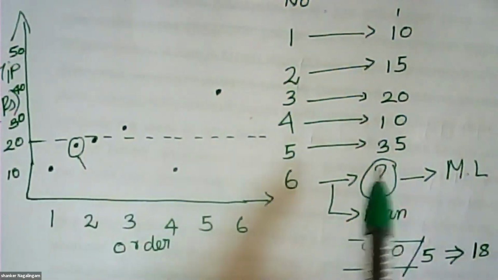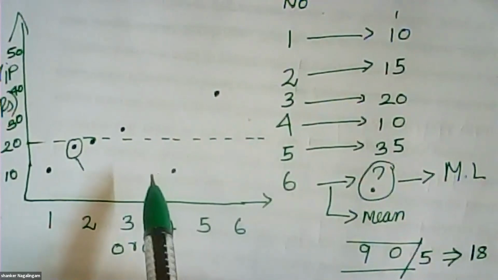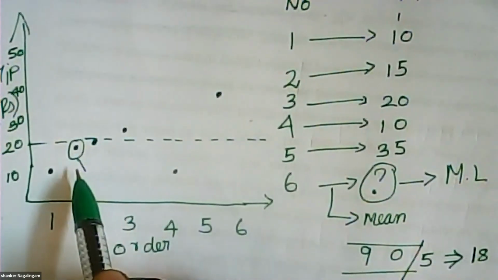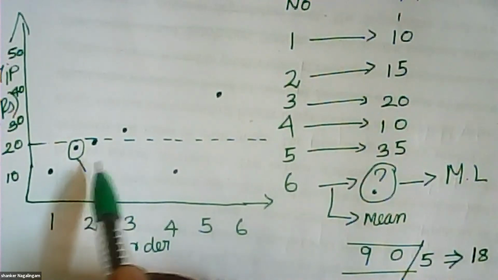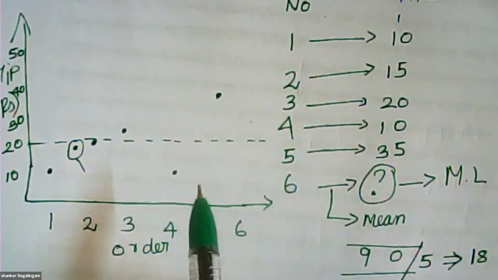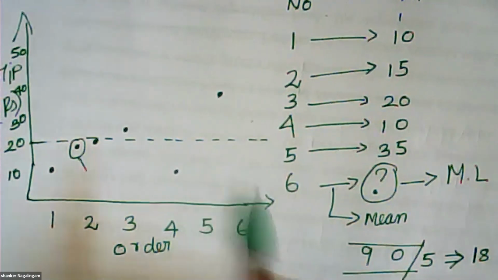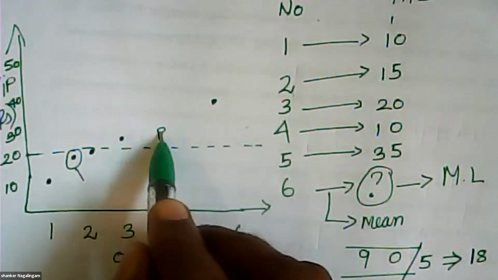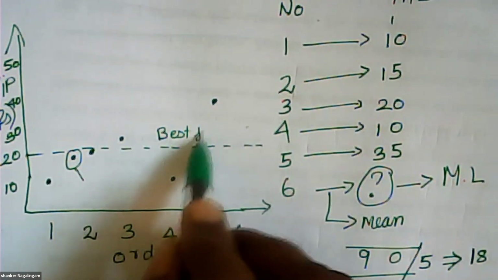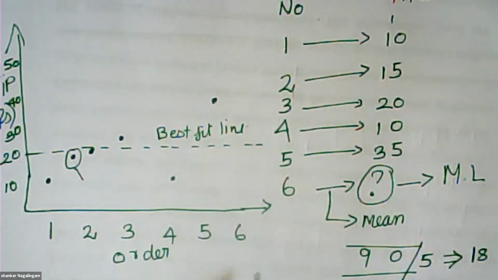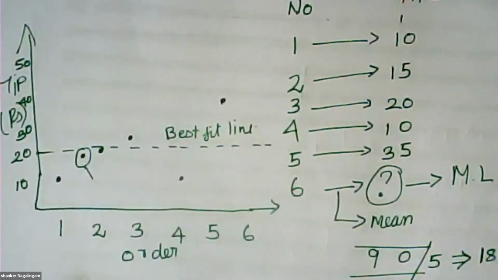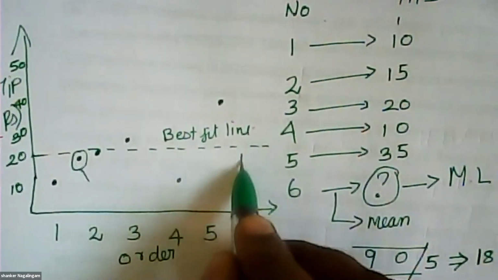You have 5 data points, but you have 6 data points. Something is called an outlier, or I can even say it is noise. We are not bothered about this noise. Now you got the idea. The best fit line says that it is an average of 18.